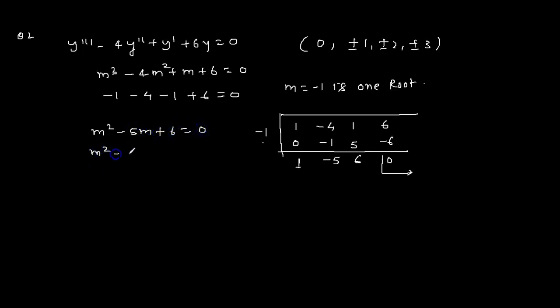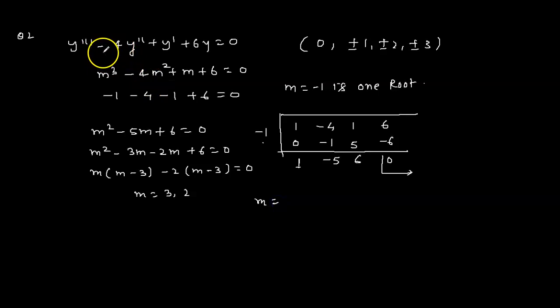You can write m square minus 3m minus 2m plus 6 is equal to 0. Taking the common factors, m minus 3 into m minus 2 is equal to 0. So m is equal to 3 and 2. Overall, since a cubic equation is given, we should get 3 roots: minus 1, 2 and 3.